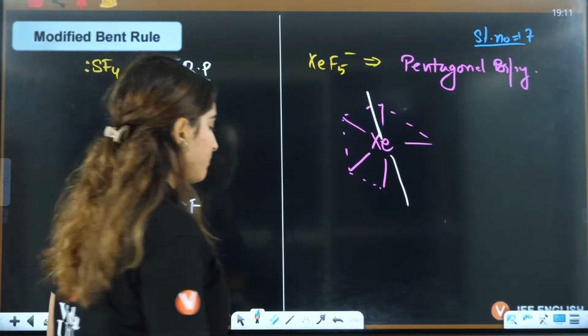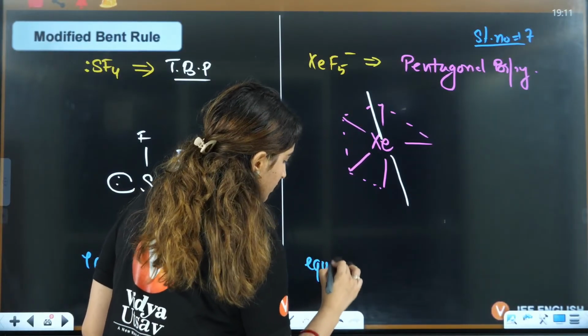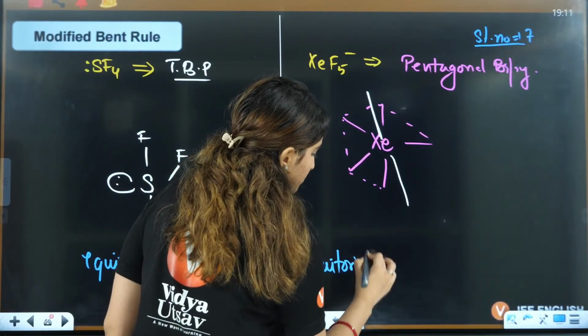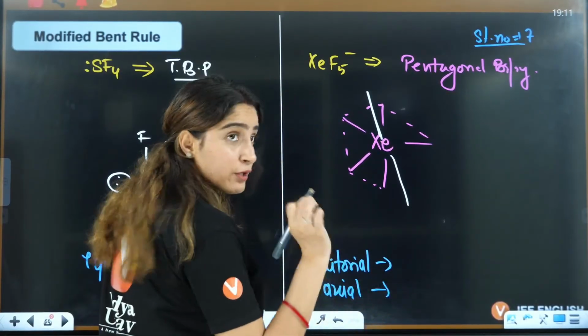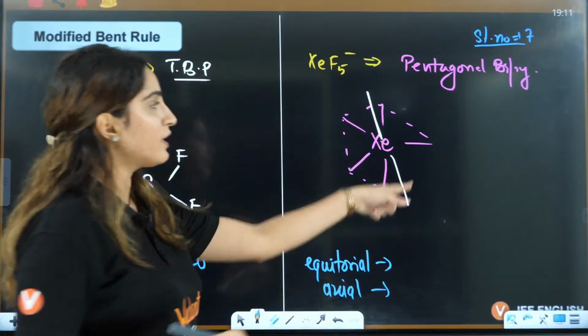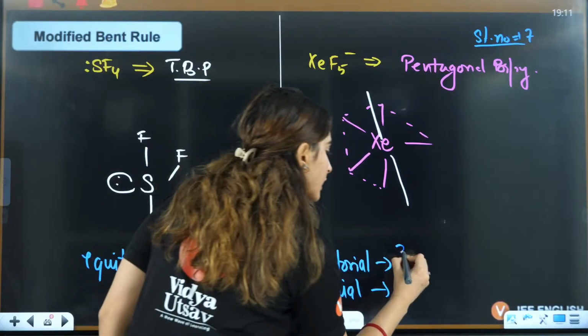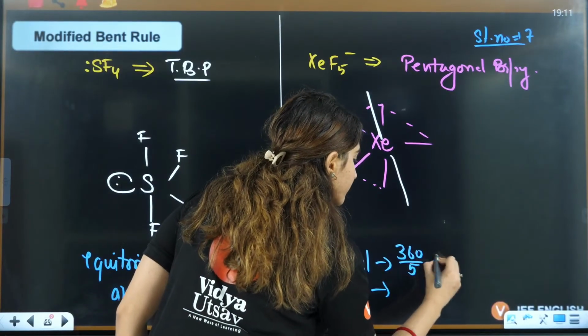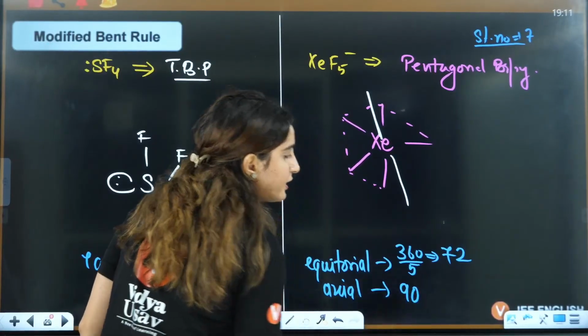But in pentagonal bipyramidal, at equatorial position, and this is at axial position. At equatorial position, it has 360 divided by 5, right? That will be 72 degrees, and axial it is 90 only.